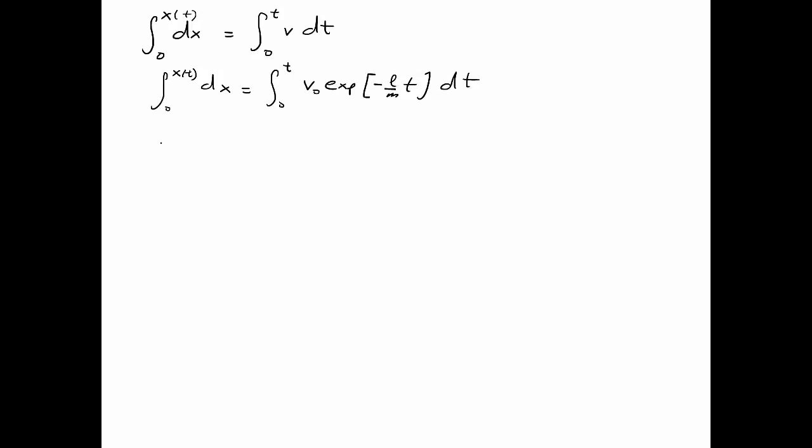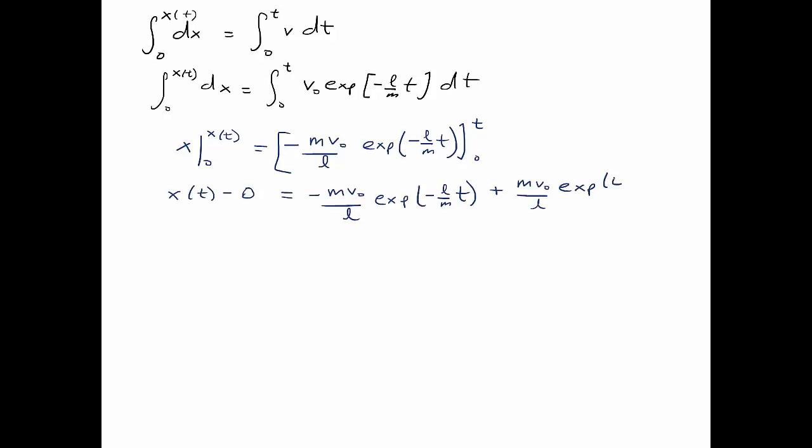Alright, so let's work this out. So we get x integrated from 0 to x of t equals, and that's bounded from 0 to t. So we get x of t minus 0, exponent of 0. Well, the exponent of 0 is 1. So we have x of t. Okay, both terms have m v naught over L in them again.